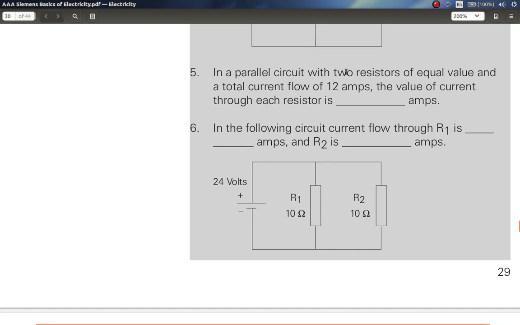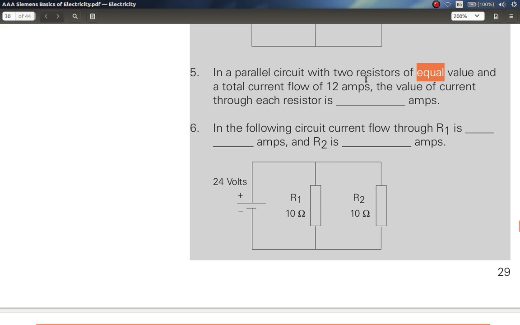This question says, in a parallel circuit with two resistors of equal value, and a total current flow of 12 amps, the value of current through each resistor is, so whatever the resistance is, you don't need to know, they are equal value. Current is 12 amps.